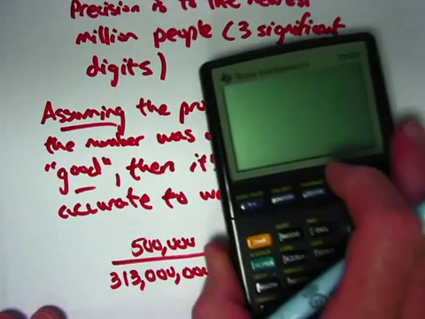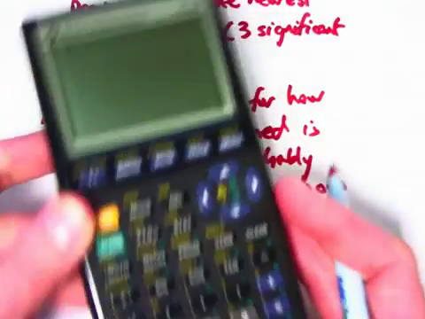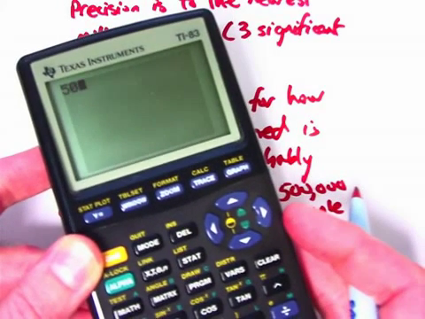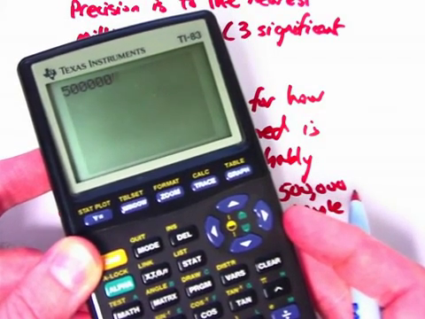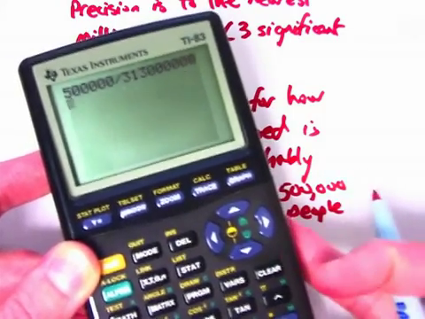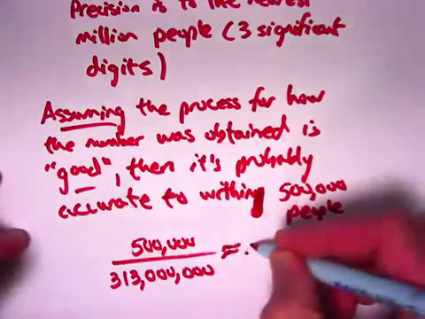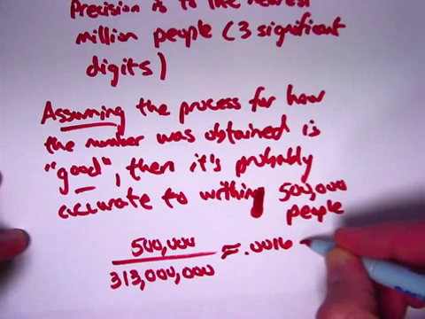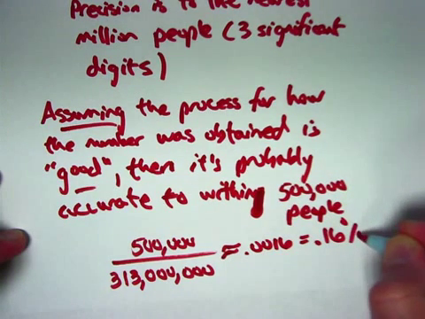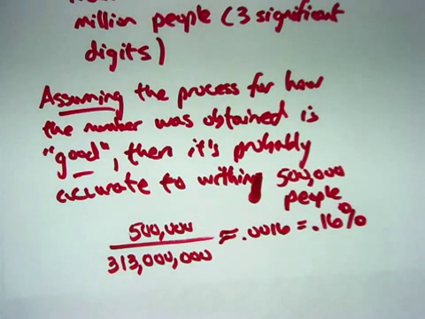And then if you use your calculator to do that division, $500,000 divided by 313 million gives you 0.0016 approximately. 0.0016 as a percentage would be 0.16%, about 1/6 of 1% if the method, the process for obtaining the number was good, so to speak.